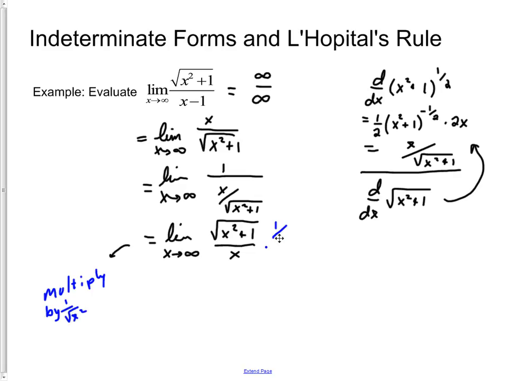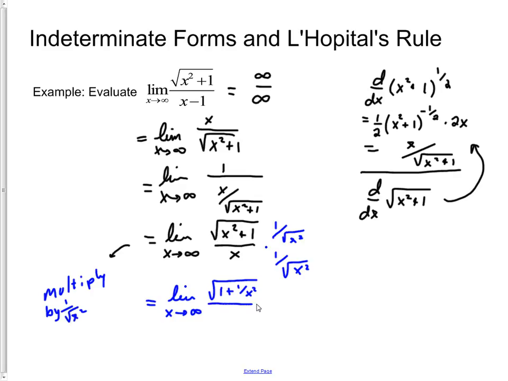When we take 1 over the square root of x squared, we get x squared in the denominator, as we take the limit as x goes to infinity. If we multiply that in, the expression looks a little different. In the numerator, we get the square root of 1 plus 1 over x squared, when we distribute that 1 over x squared into the radical.